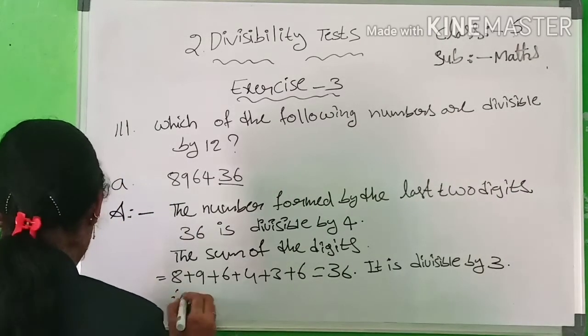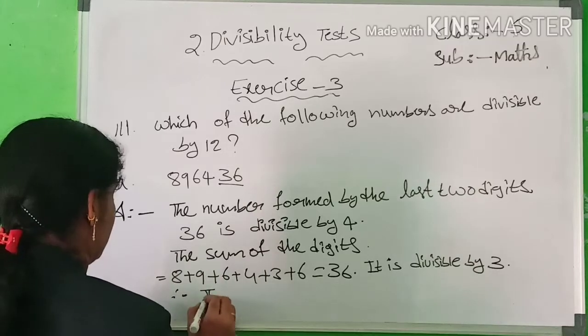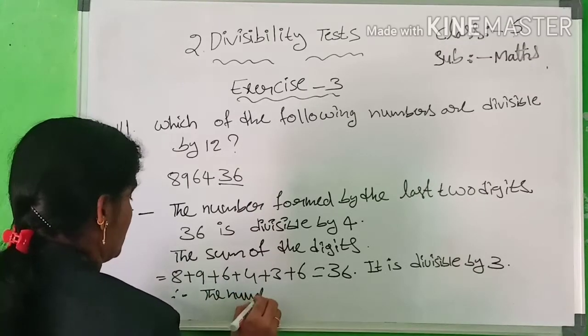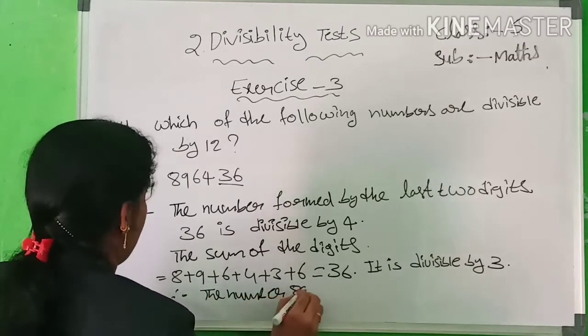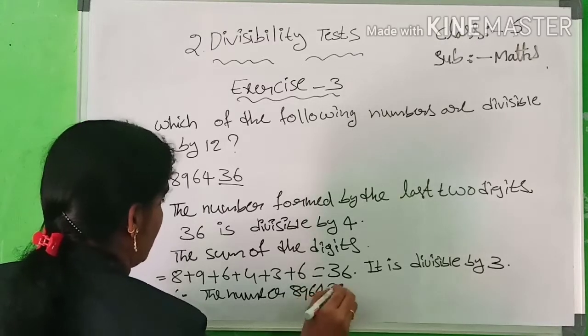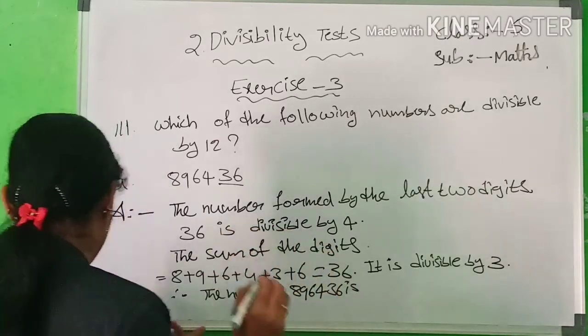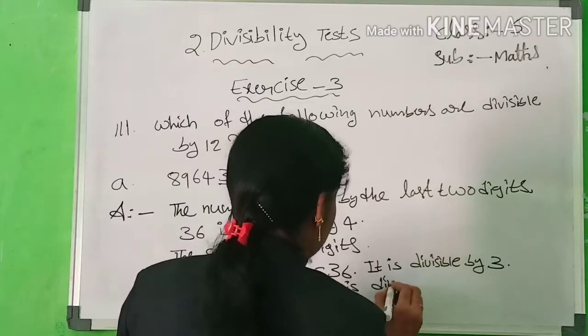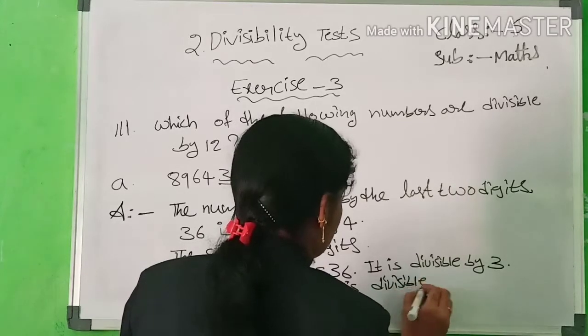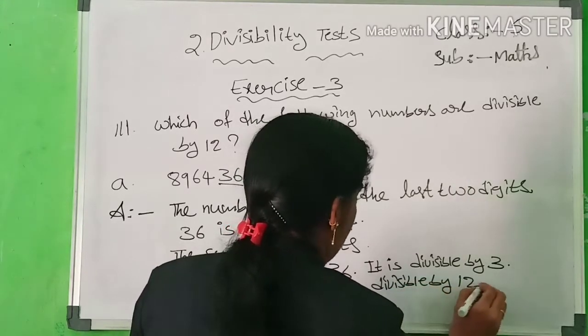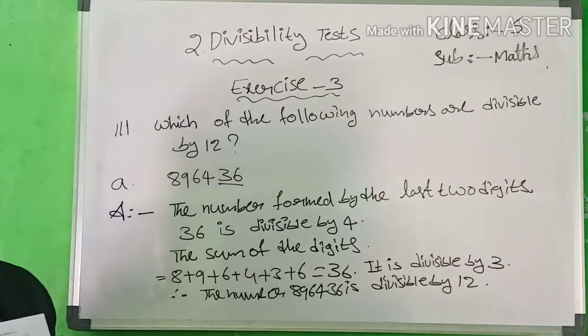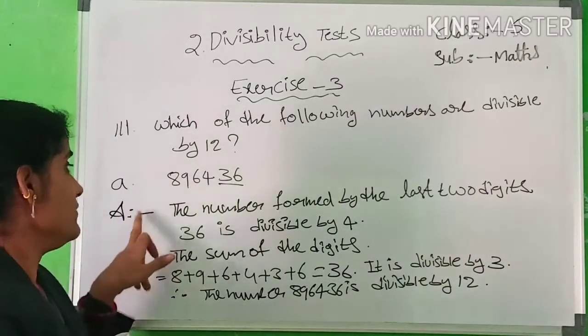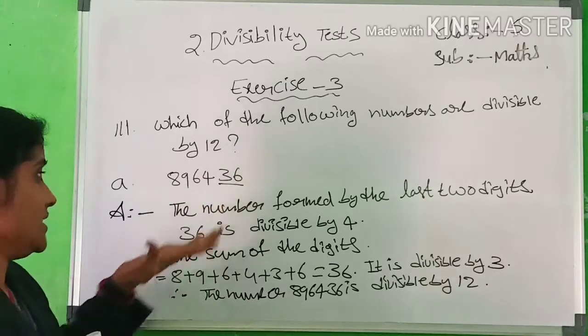Therefore, the number 8,96,436 is divisible by 12. Okay children, look here. One more time, I will explain this one.